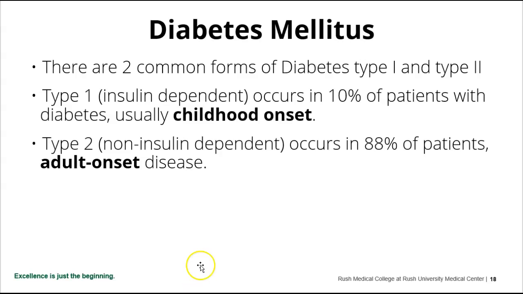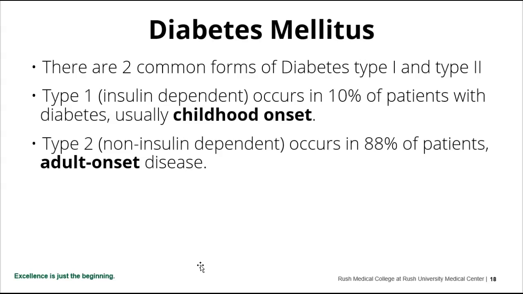the next and probably one of the most common things that we hear about with multifactorial inheritance is diabetes, especially type 2. That's why I put it in this case. But there are two common forms of diabetes, type 1 and type 2. Type 1, insulin dependent, occurs in about 10% of patients and usually has a childhood onset.